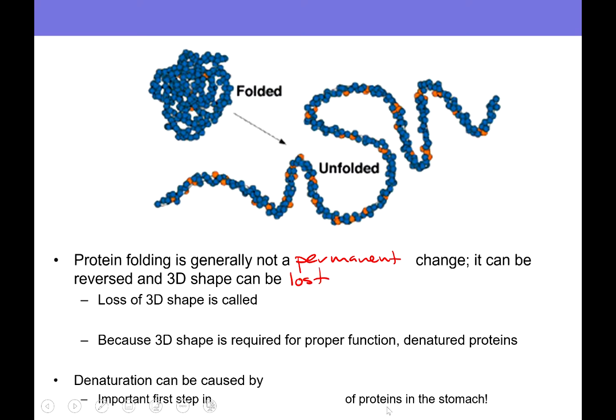And this loss of 3D shape is called denaturation. It sounds like a really complicated word, but really it's just saying denature. It's going away from its natural form. So the D means away from. And so because 3D shape is required for proper function, denatured proteins do not work.